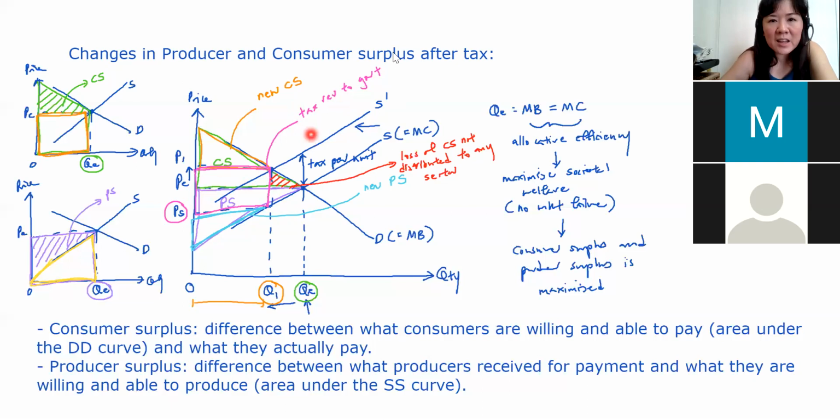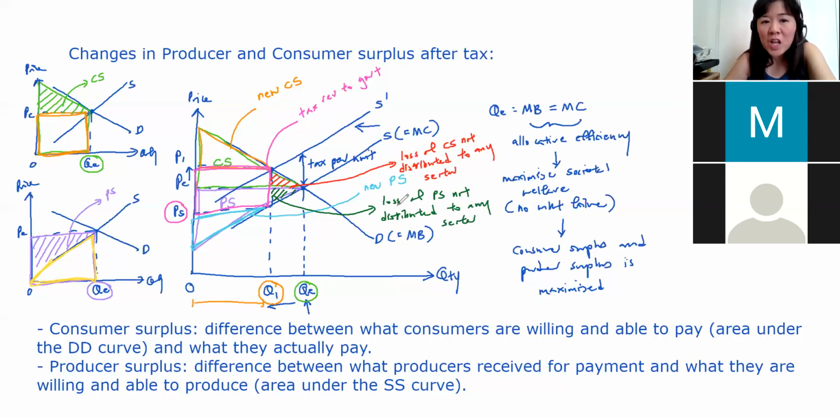So again, we say that this area here is not distributed to any party. So this is the loss of producer surplus that is not distributed to any sector. In other words, it's lost for good.